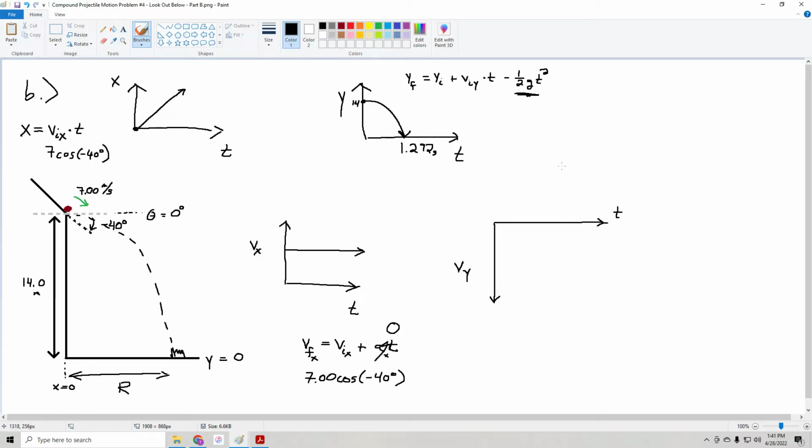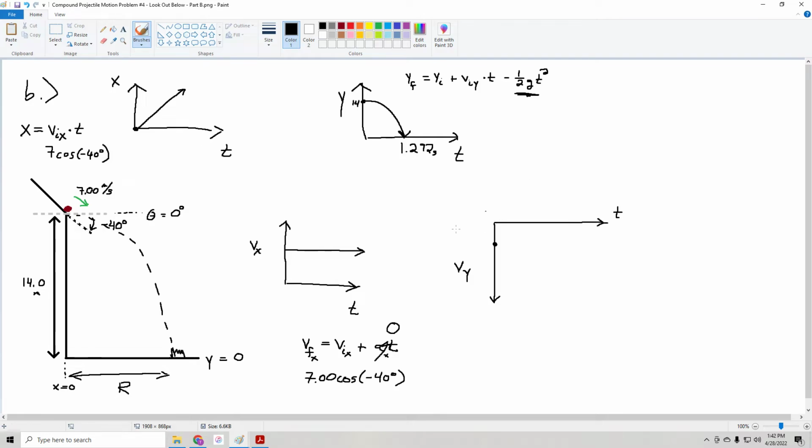It was 7 sine of negative 40. The sine of any negative angle is a negative number. So 7 times a negative number is going to be negative. It doesn't really matter what 7 sine 40 is, since we're just getting the shape of this graph. But we know that at the initial time, there is a negative initial velocity in the y direction.